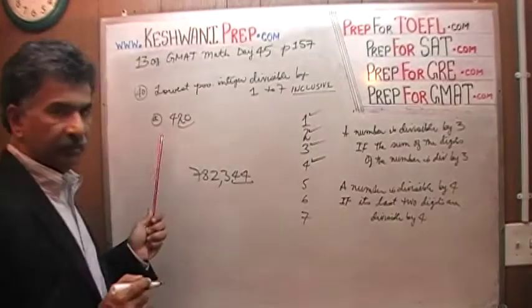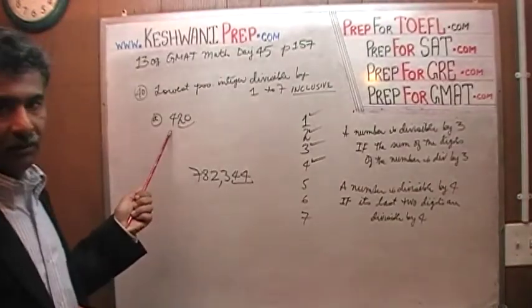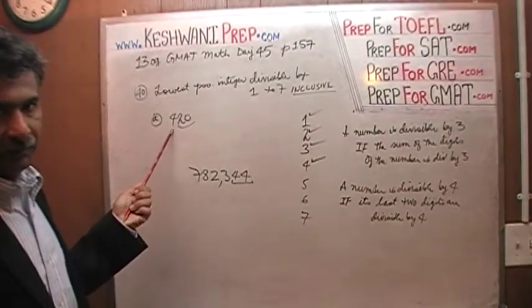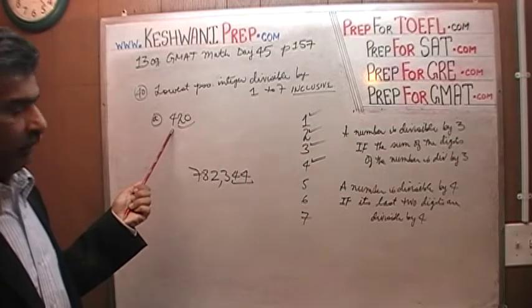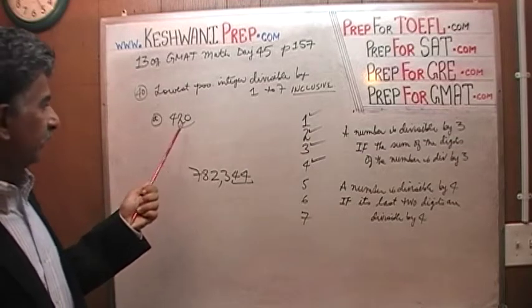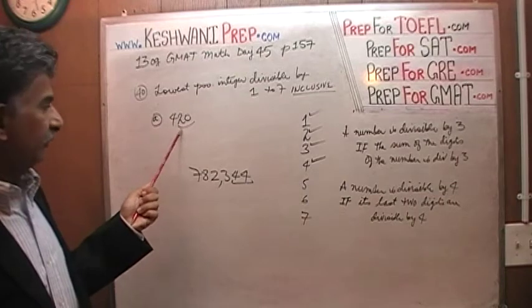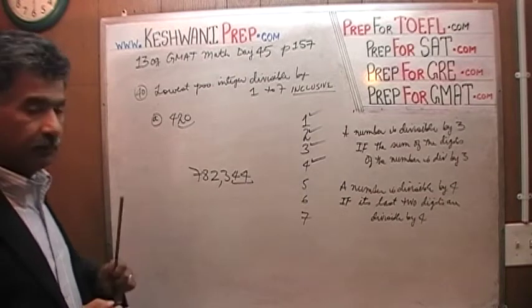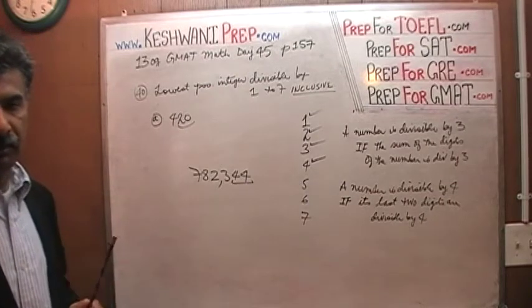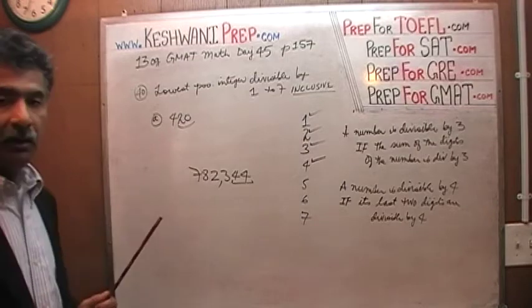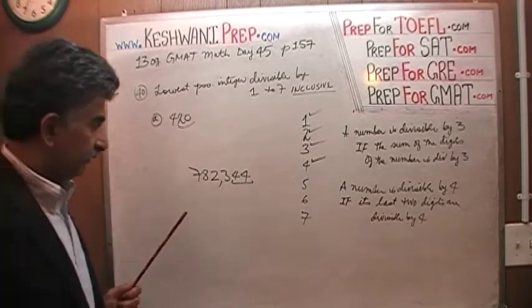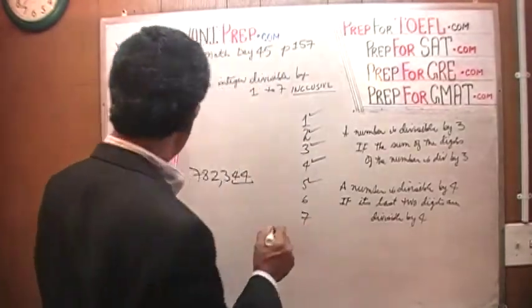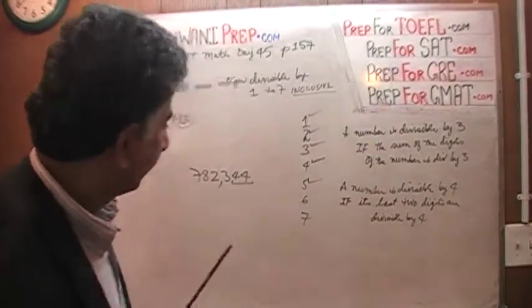But this is so simple that you can easily see it is divisible by 4, because 400 is divisible by 4. 400 divided by 4 is 100, and 20 divided by 4 is 5, so it's going to be 105. Is this divisible by 5? Of course it's divisible by 5 because it ends in a 0. If a number ends in a 0 or a 5, it's divisible by 5. What about 6?